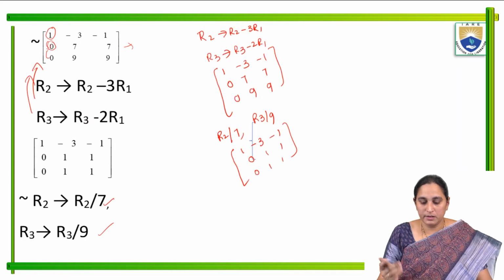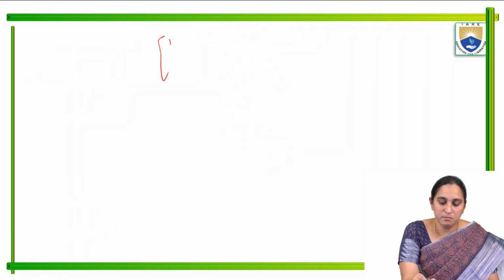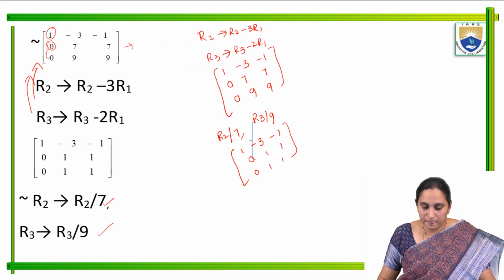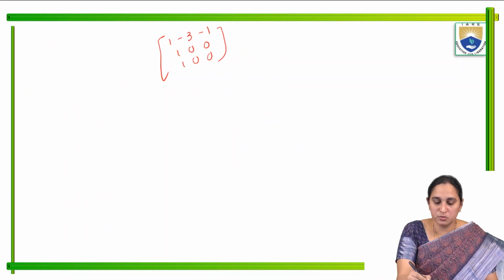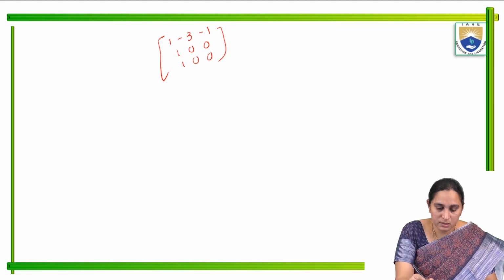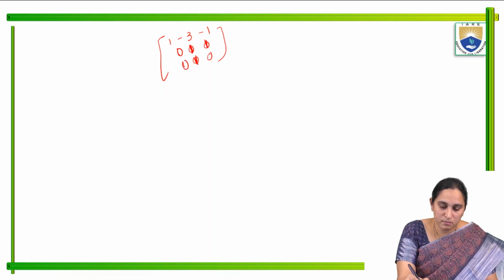Next, after this, the matrix is 1, -3, -1; 0, 1, 1; 0, 1, 1.